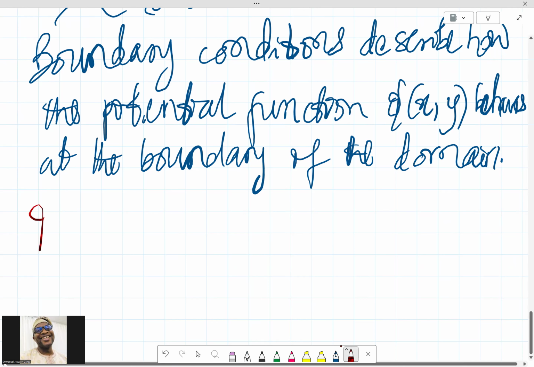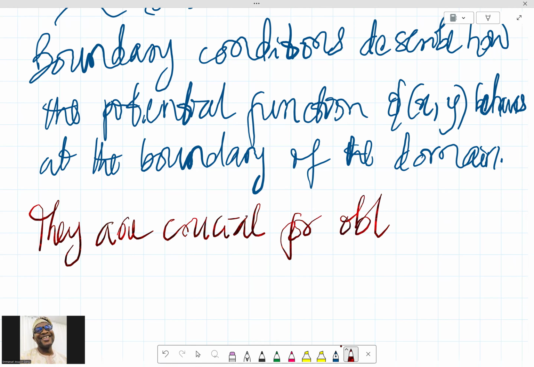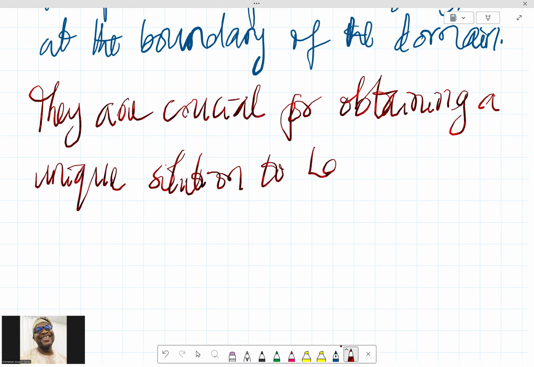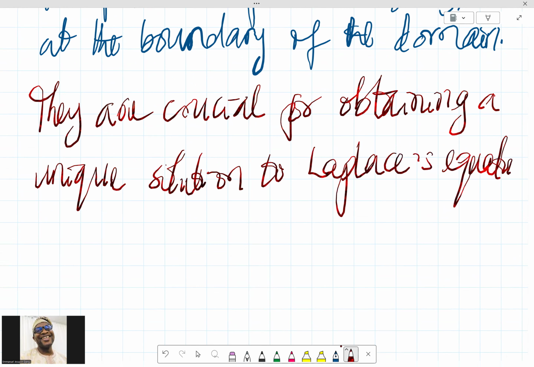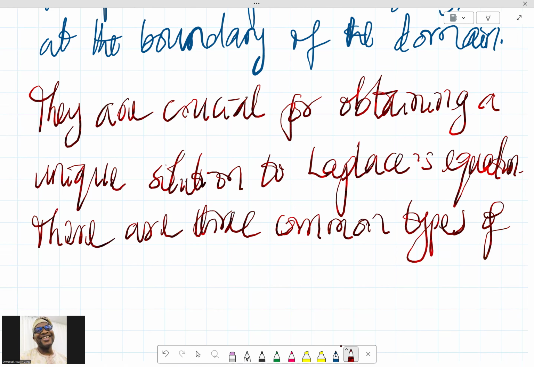They are crucial for obtaining a unique solution to Laplace equation. Okay, so there are three common types of boundary conditions.